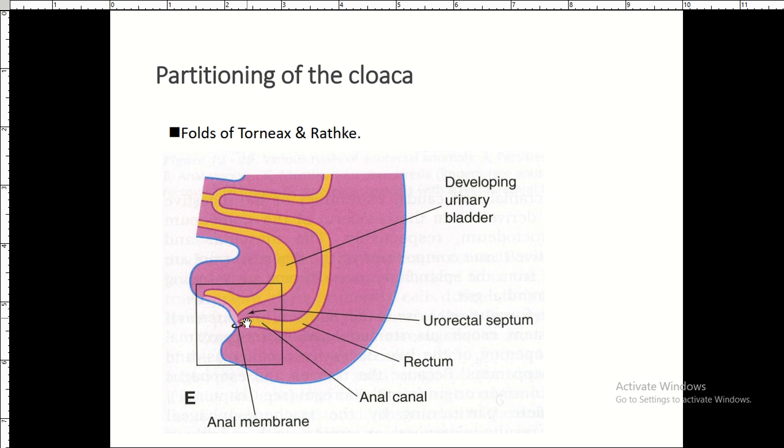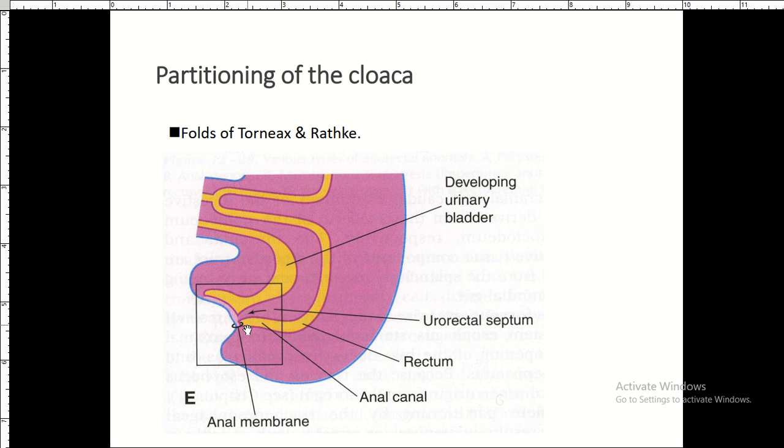So the plane where there is a junction between the endodermal origin of the anal canal and the ectodermal origin of the anal canal is going to be given a name called the pectinate line. And on this pectinate line, you're going to see a transition of epithelia from simple columnar epithelia to stratified squamous epithelia.